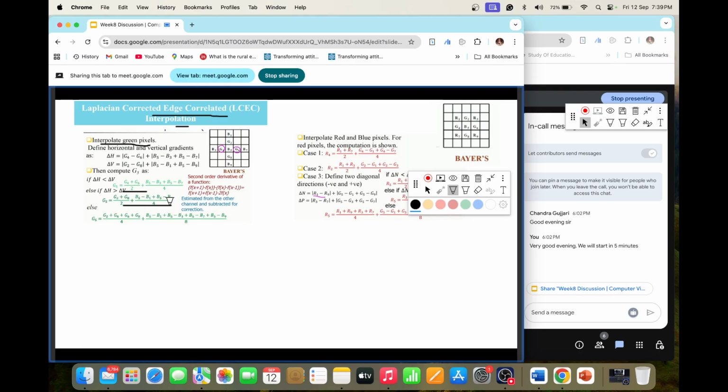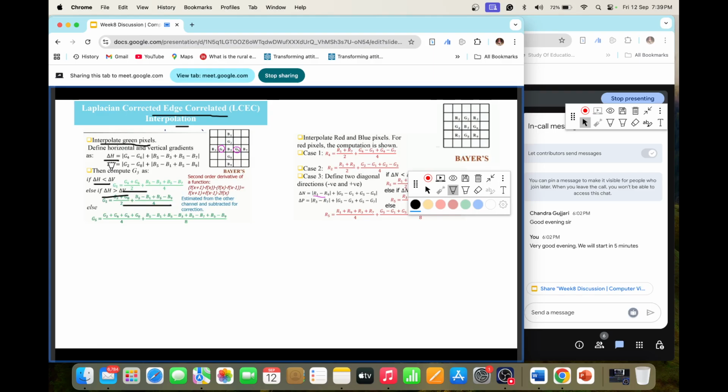We have to check whether delta H is lesser than delta V or delta H is greater than delta V. What is delta H? Delta H is given by this formula. So first you have to calculate delta H and delta V. Delta H is nothing but horizontal, and delta V is nothing but vertical pixel.